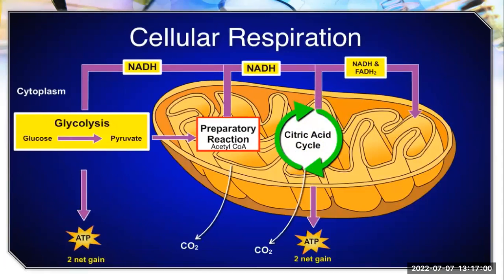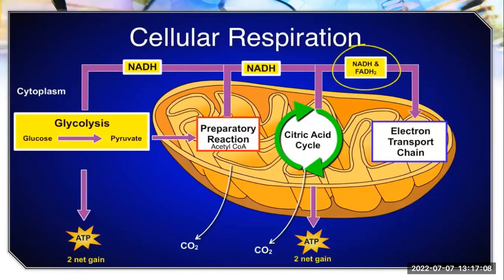Most ATP production occurs in stage 4, the electron transport chain, or ETC. In this stage, the NADH and FADH2 from the previous stages give up electrons to the chain. Energy is released and captured as the electrons move from a higher energy to a lower energy state using a series of proteins embedded in the membranes of the mitochondria.